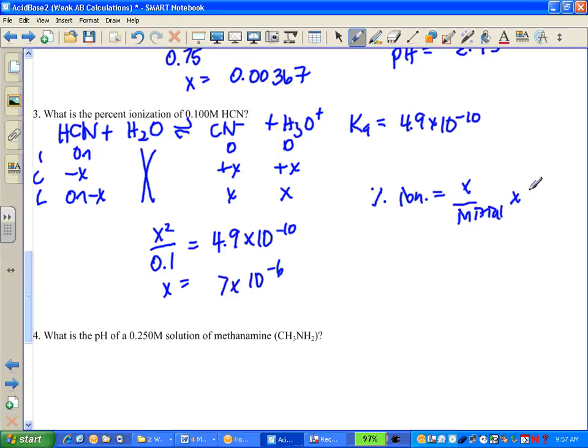This formula is written above in the notes if you want it for reference. What we find is that this percent ionization is 0.007%. Percent ionization, in the last unit, you were actually doing percent ionization when you were checking to see if making the assumption was valid. So it's the same calculation, but we use the terminology percent ionization.